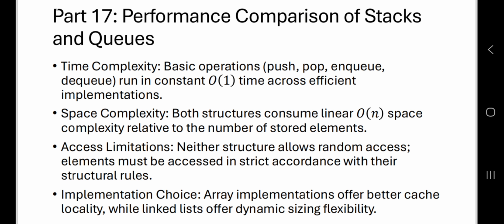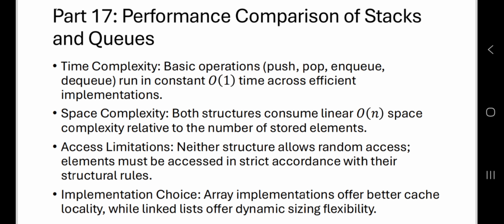Both structures consume linear O(n) space relative to the number of stored elements. Access limitation. Neither structure allows random access. Elements must be accessed in strict accordance with the structural rules.